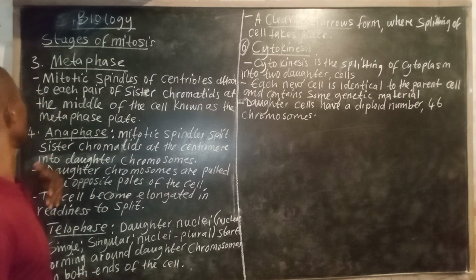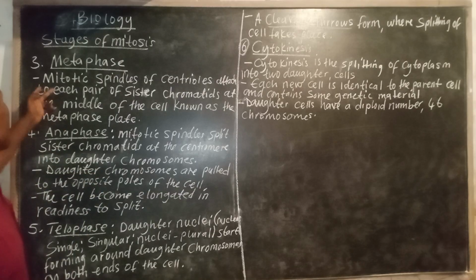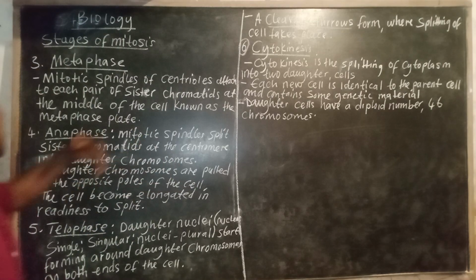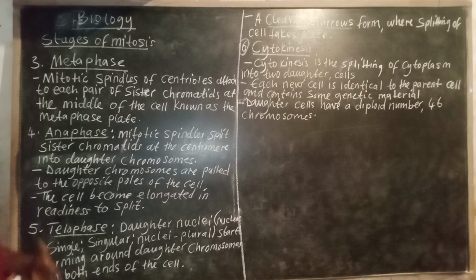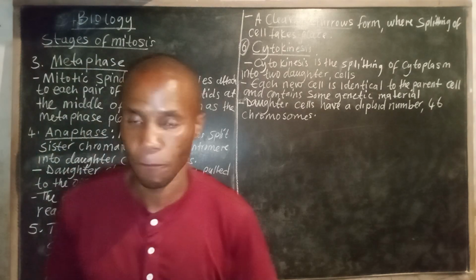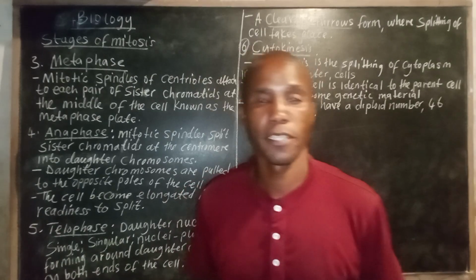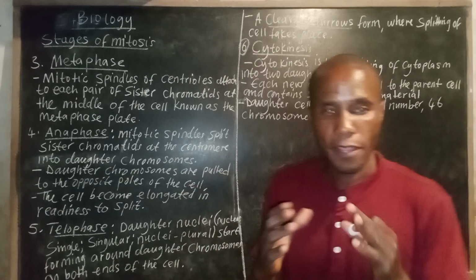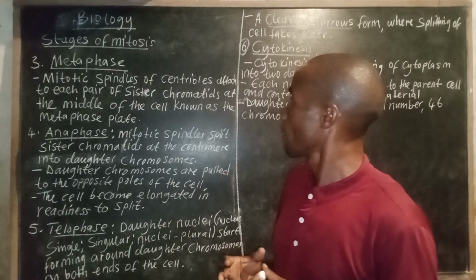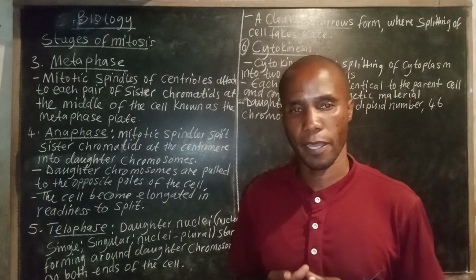So metaphase, this is now the stage where the mitotic spindles of centrioles attach to each pair of sister chromatids at the middle of the cell known as the metaphase plate. Okay, so these mitotic spindles that we are talking about, this is now the structure in the form of a fiber.